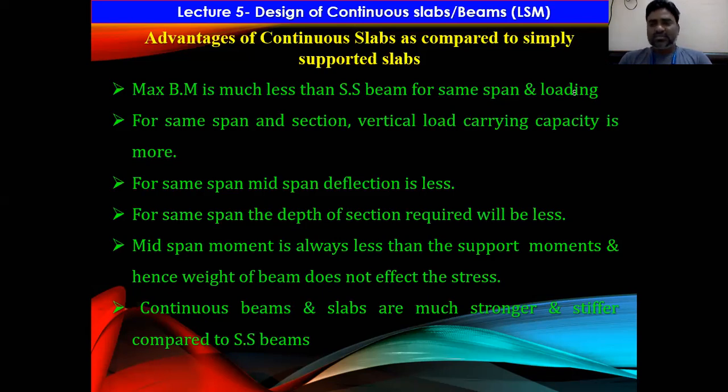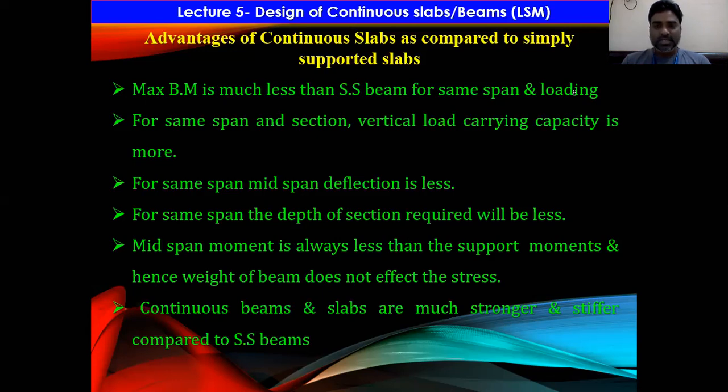Because there are more than two supports, the bending moment is much less. And similarly, the settlements, that means the deflection, is also very less as compared to simply supported.